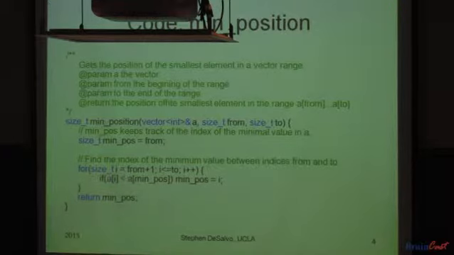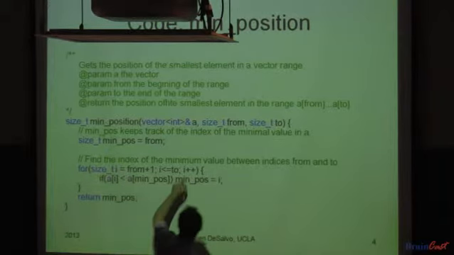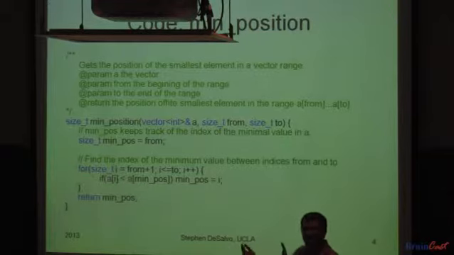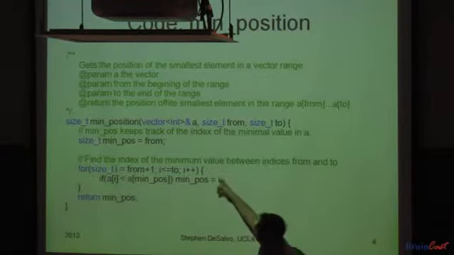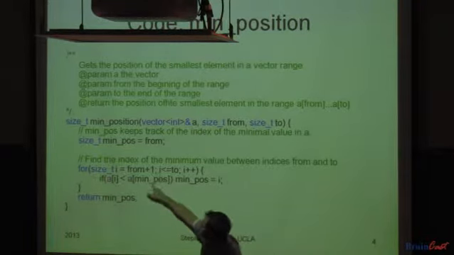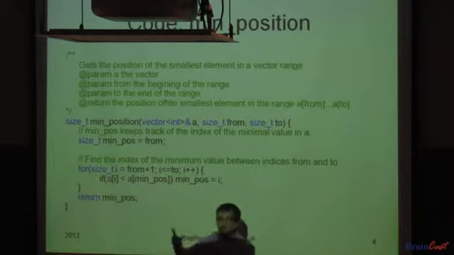So let's see, what is it? Okay, so what we're going to do is we're going to get the position of the smallest element in a vector range. Okay, so it's not just about inputting a vector. You input a vector, and then you input a range of values for which to search, and then it finds the minimum in that range. Okay, so you loop through, and you start at the first element and the last element.